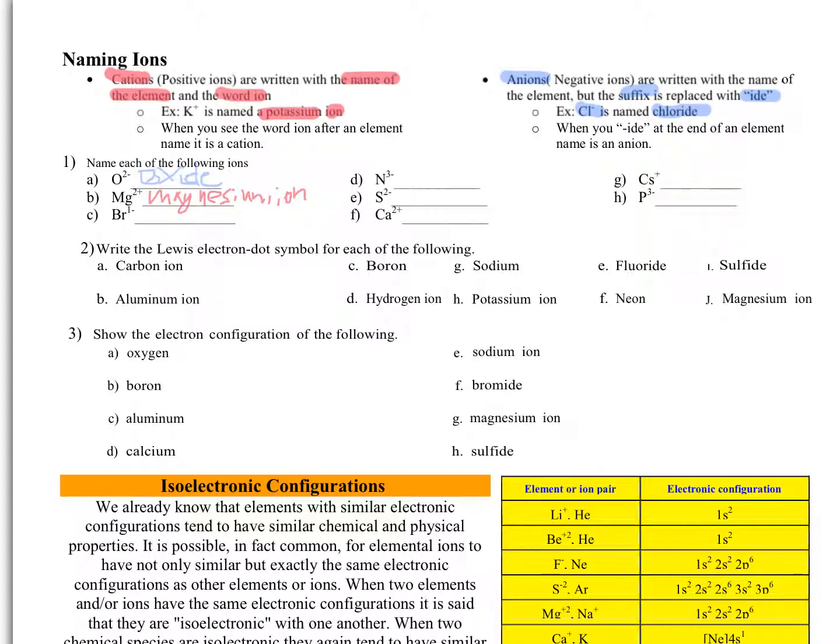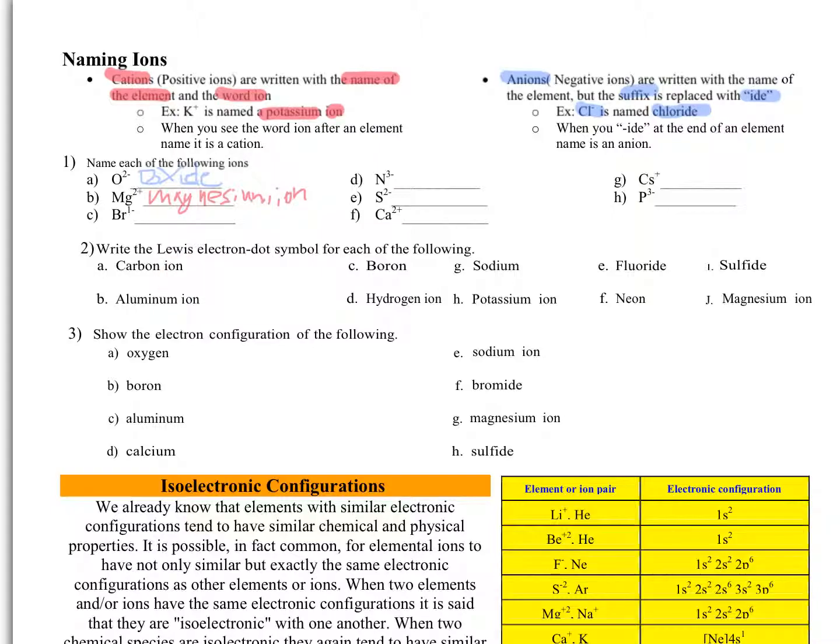Now number 2 wants you to write the electron dot for each of the following. Some of them are elements, some of them are ions. For the first one, a carbon ion, well, carbon can have a plus or a minus charge, so to figure out which one it is acting like, a cation or an anion, is based off how it's named.